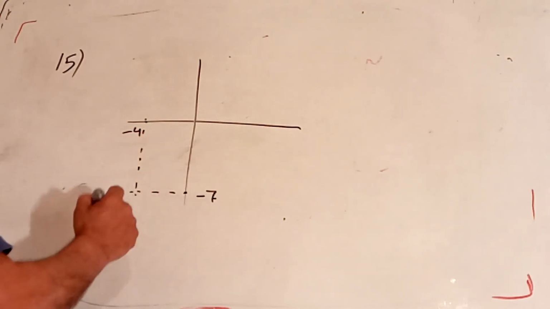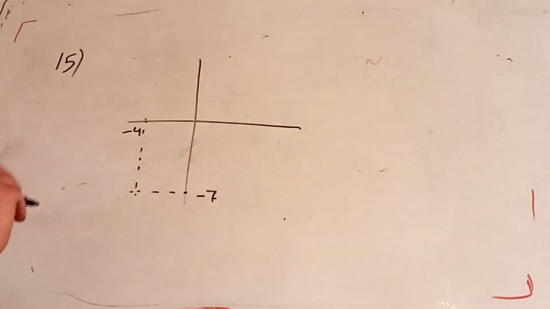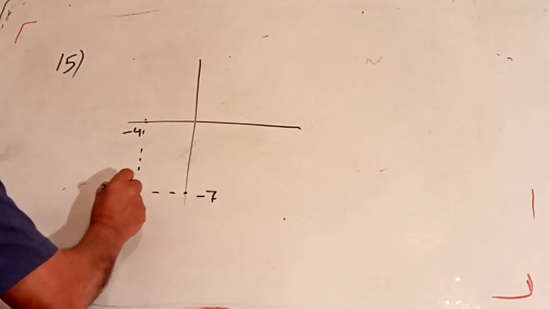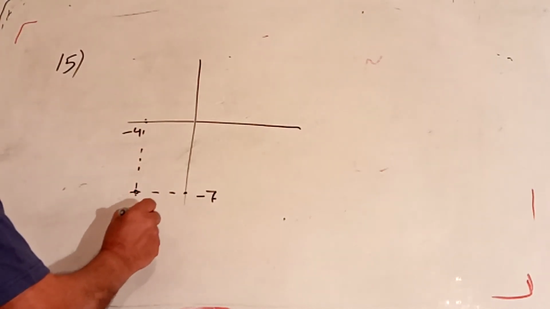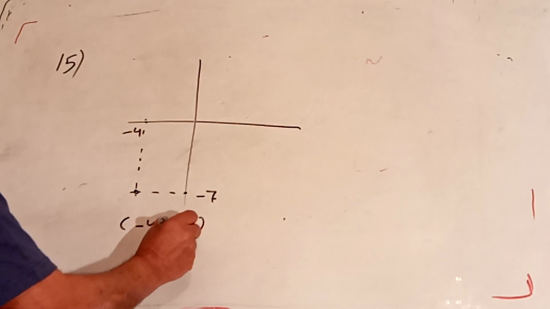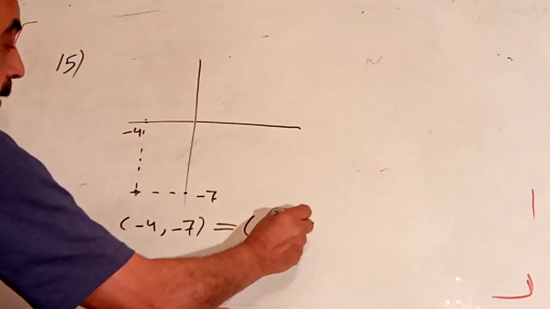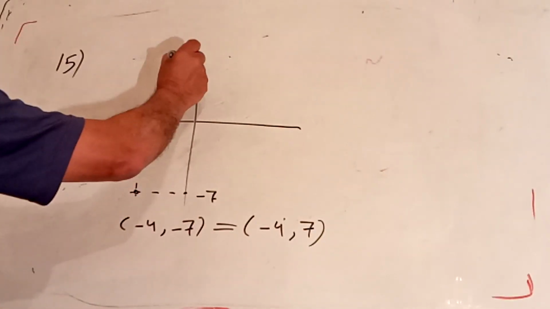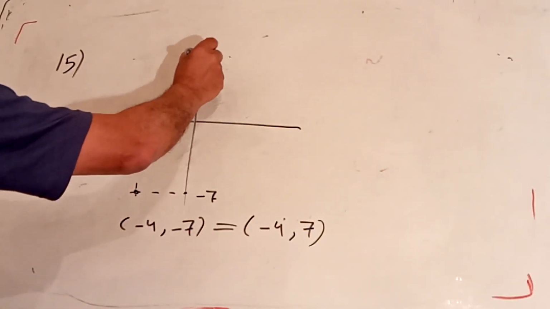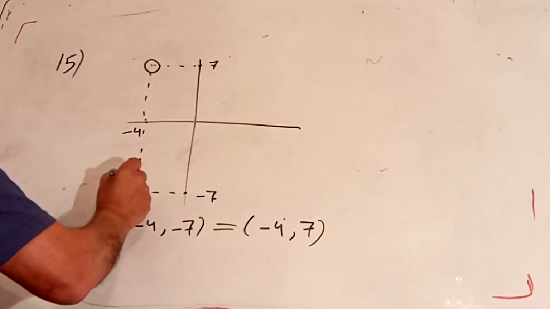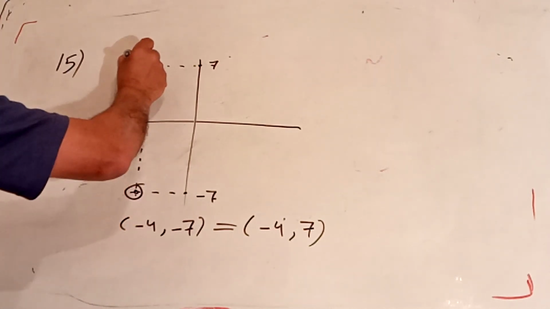It will be reflected over the x-axis. So x will not change sign, but y will. One will reflect it, so x will not change its sign. It will be minus 4 and 7. Minus 4 and this is 7. So this point was reflected to here.